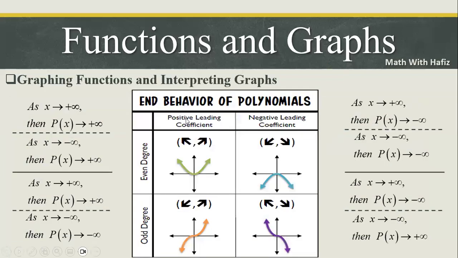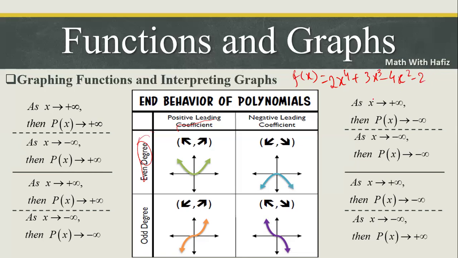There are two things you need to care about. One is its degree, and the second is its leading coefficient. For example, you have f of x is equal to 2x to the power 4 plus 3x cubed minus 4x squared minus 2.